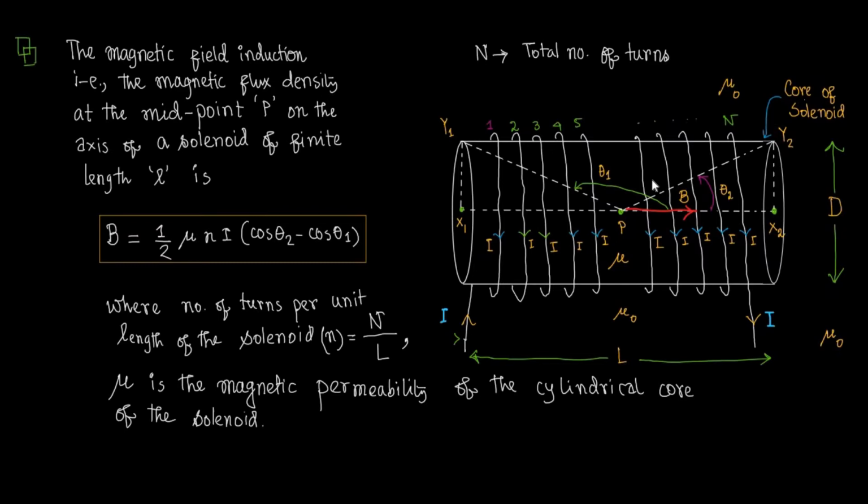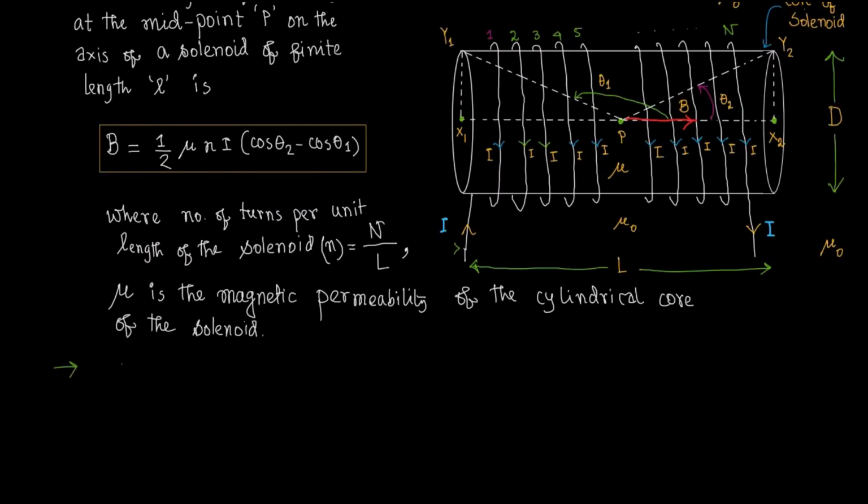Now we can denote what theta 1 and theta 2 are. Theta 1 is the angle subtended by the oblique distance y1p of the point P with the axis of the solenoid.